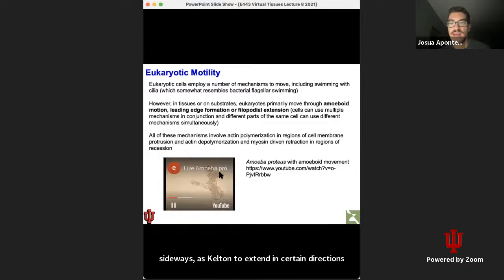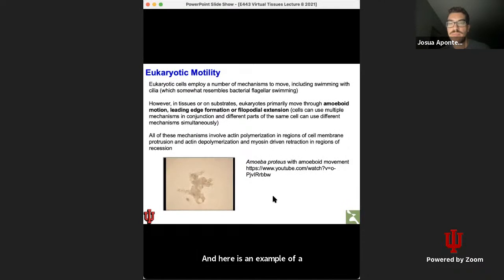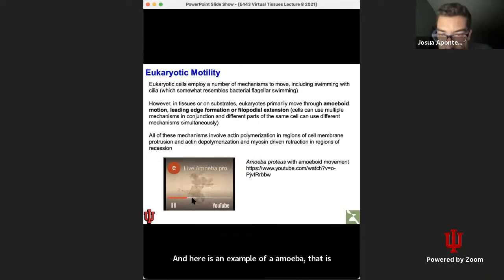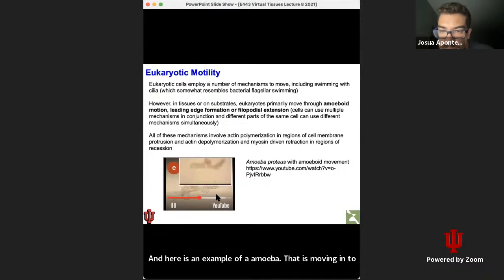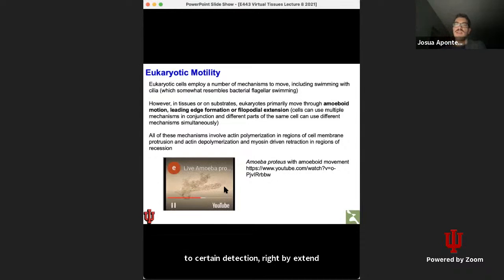Here is an example of an amoeba that is moving in response to certain detection by extending a leading edge.